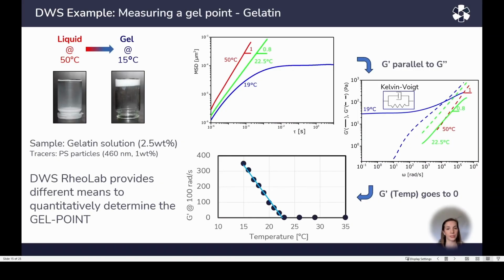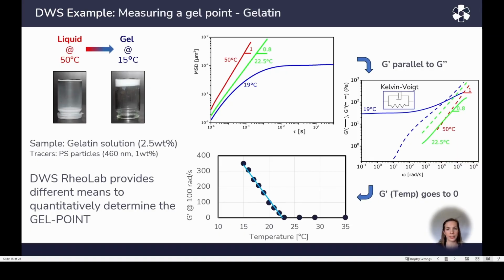Using the instrument software to calculate G' and G" from this data, we can create the following plots. The red curve at 50 degrees shows that G" is proportional to the frequency that represents a liquid sample. At a temperature of 22.5 degrees Celsius, G' and G" are parallel, represented here in green, which is according to Larson et al. the rheological definition of a gel.